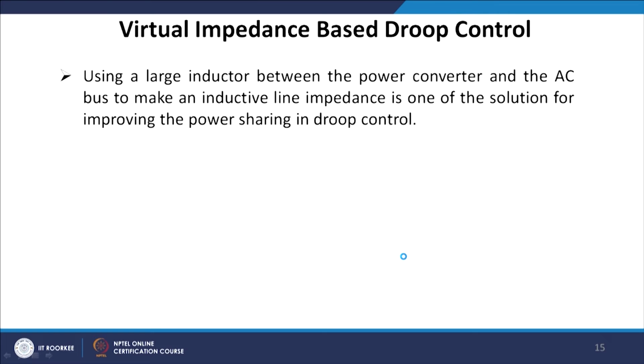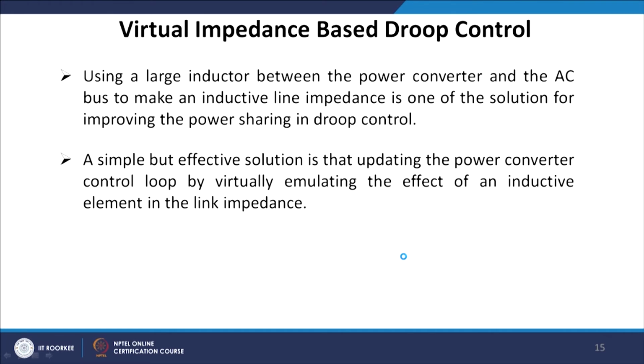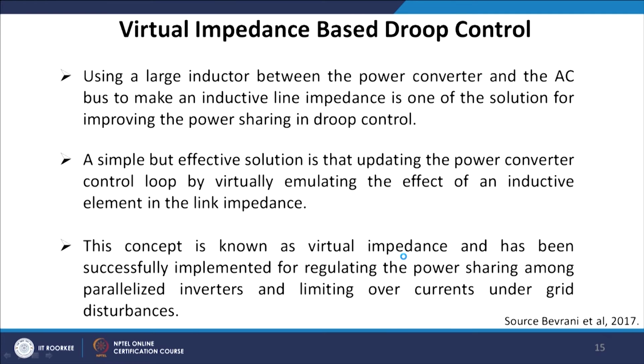Using a large inductor between the power converter and the AC bus to make an inductive line impedance is one of the solutions for improving the power sharing in droop control. A simple but effective solution is updating the power converter control loop by virtually emulating the effect of an inductive element in the link impedance.